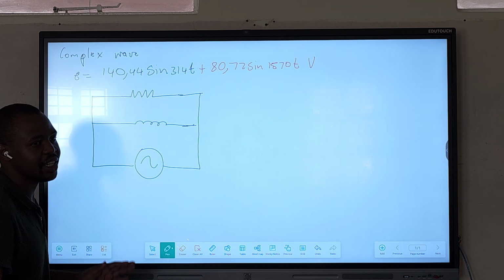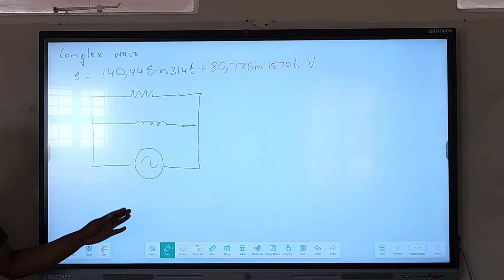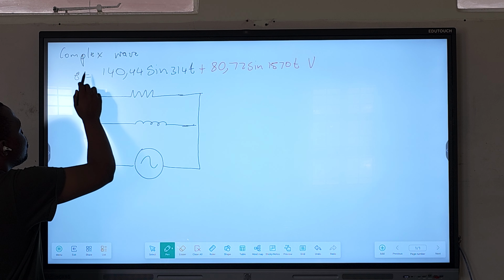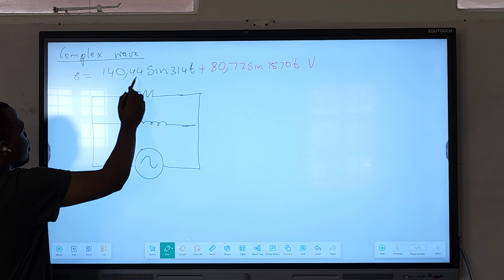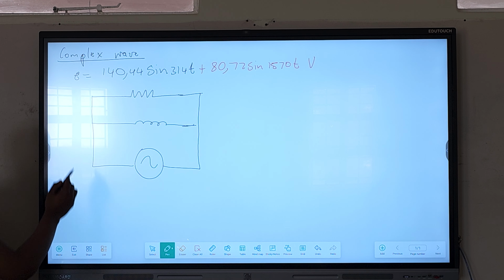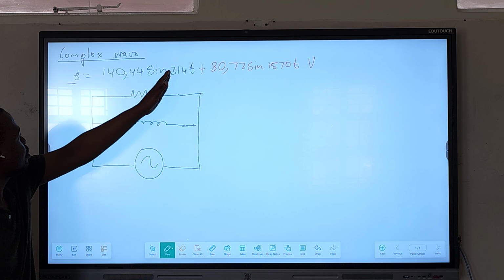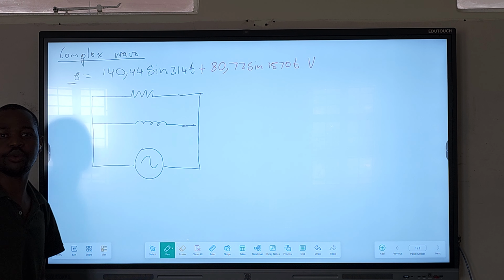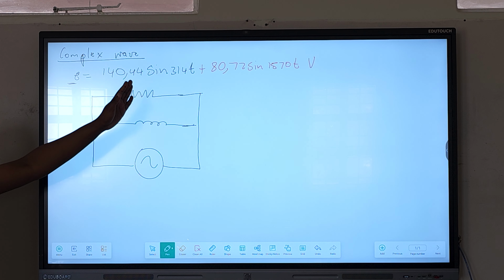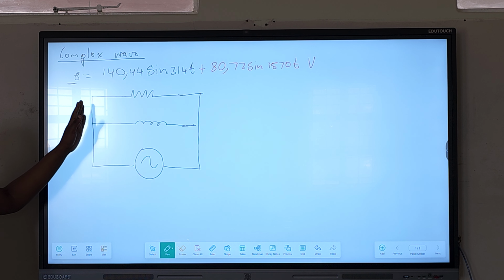But this source is not giving us a pure sine wave. It is giving us a non-sine wave, made up of two sine waves that when you add together give you the non-pure sine wave. These we call harmonics. Prior to that, we have to determine which harmonics make up this non-sinusoidal wave.